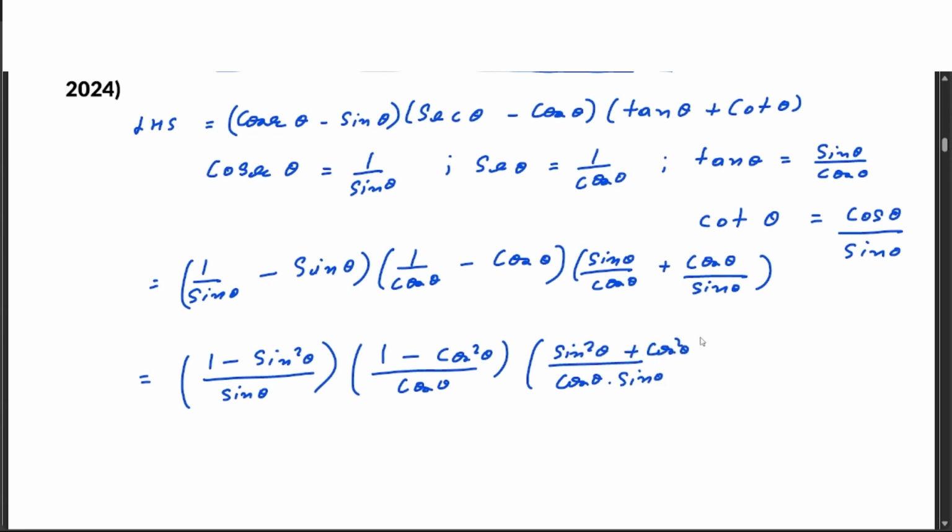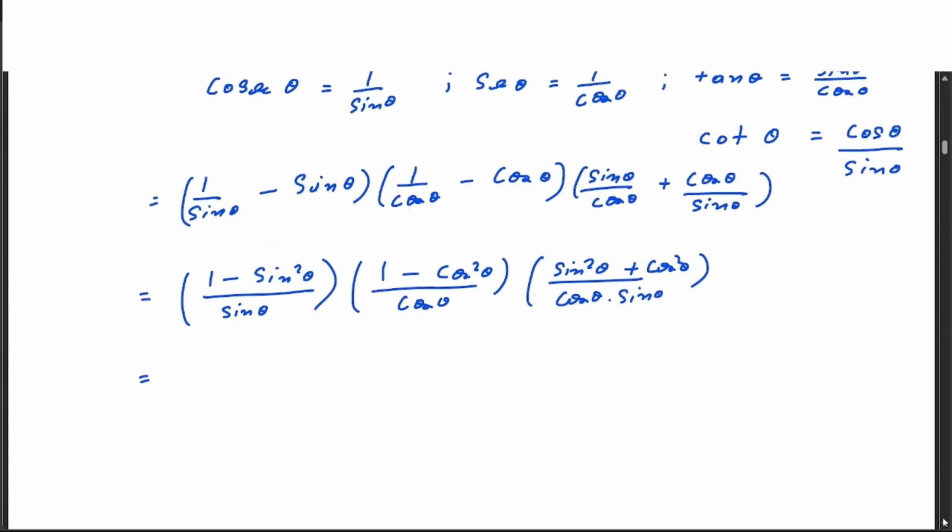Now after that we will remove the brackets. You know that 1 minus sine square theta is equal to how much? We know the one identity that sine square theta plus cos square theta is equal to 1. That identity we can follow.